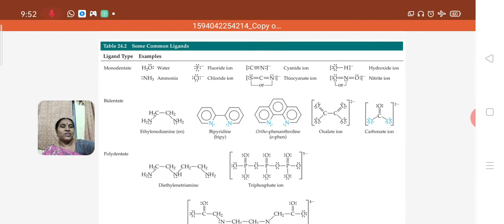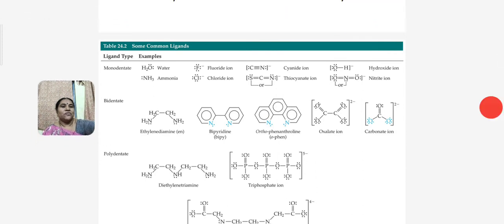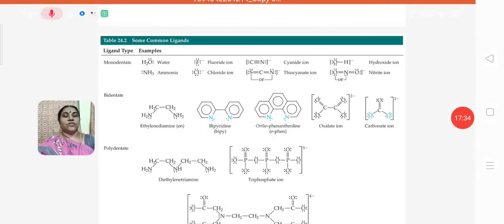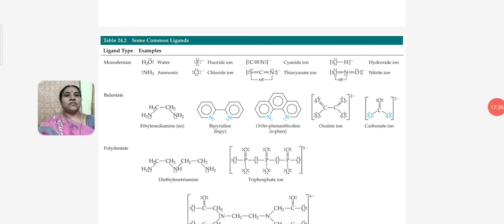Now we have a very large list of various ligands that can act as mono, bidentate and polydentate ligands. You can see in this list aqua, ammonia, fluoride ion, chloride ion, cyanide ion, thiocyanate ion, hydroxide ion, nitrite ion.